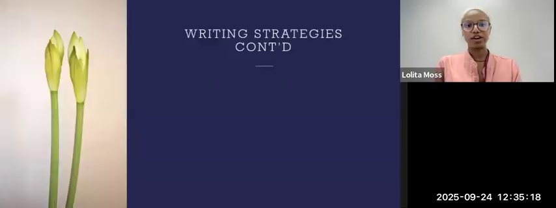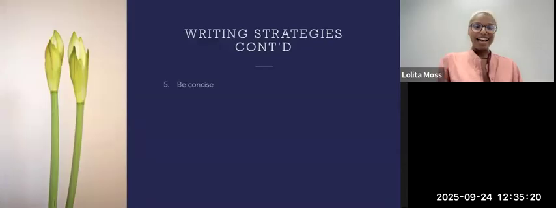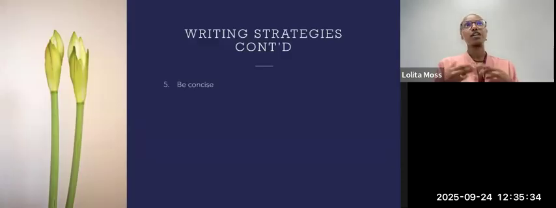A few more writing strategies. Be concise. So this is actually a good reminder for me. I struggle with wordiness for sure, but small changes like taking something from the passive voice to the active voice, removing unnecessary words like adverbs and things that do not substantively alter the content of the abstract can help you meet word limits.